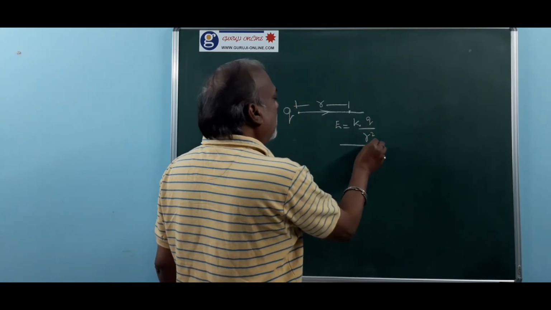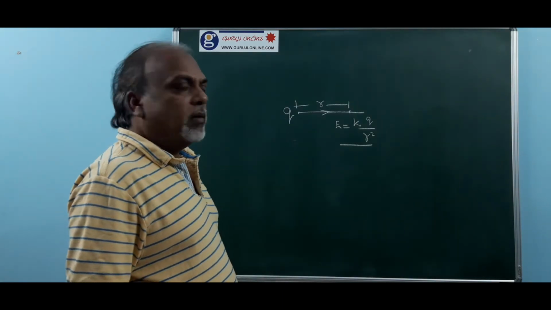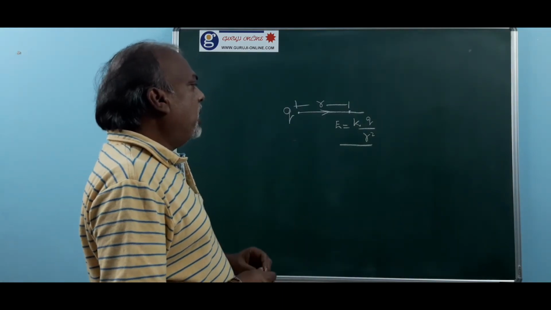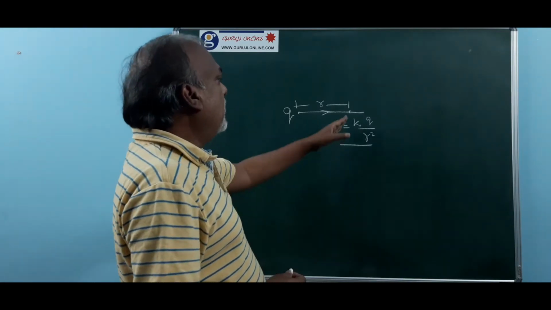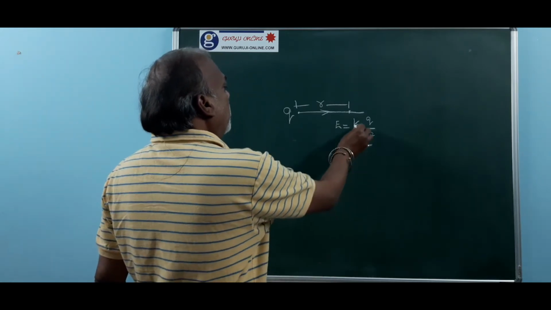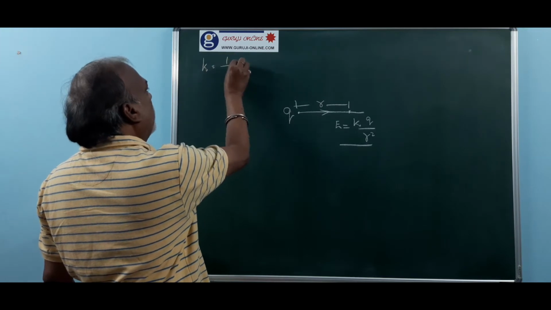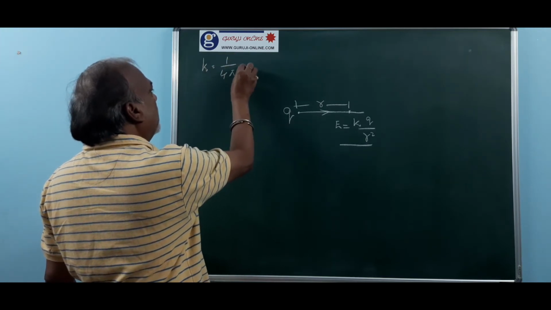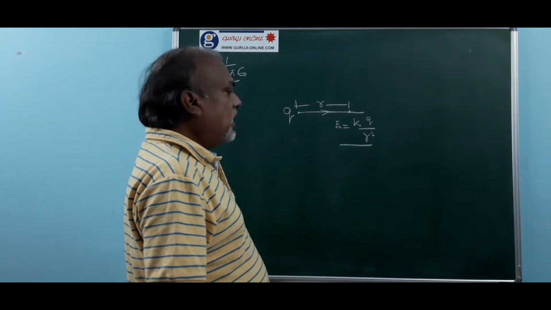This is what we had learned due to the single isolated charge. And if there are more charges, then we can add the electric field at the point where we have to find out. And what about k? K is nothing but 1 upon 4 pi epsilon 0, and this is called electrostatic constant also.